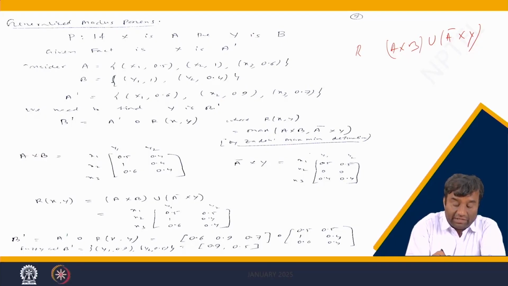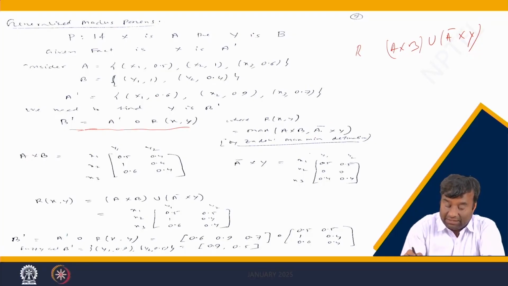We need to find the output, that is, Y is B dash. So here B dash is equal to the max-min composition of the given A dash with Rxy, where Rxy can be written as above, that is the max-min definition.